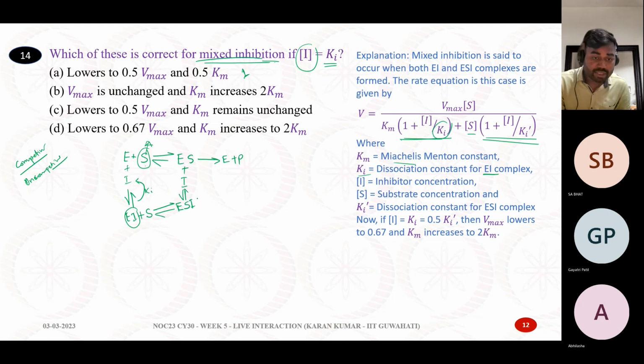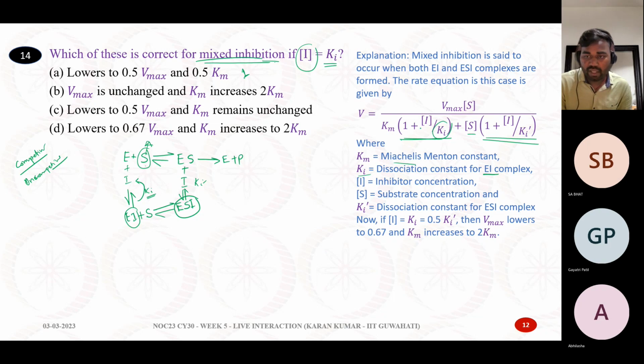Then the dissociation of the ESI complex, either in this direction resulting in the ES complex or the EI complex, is known as the Ki dash. Dissociation of the EI complex is known as the Ki, which you see in here.